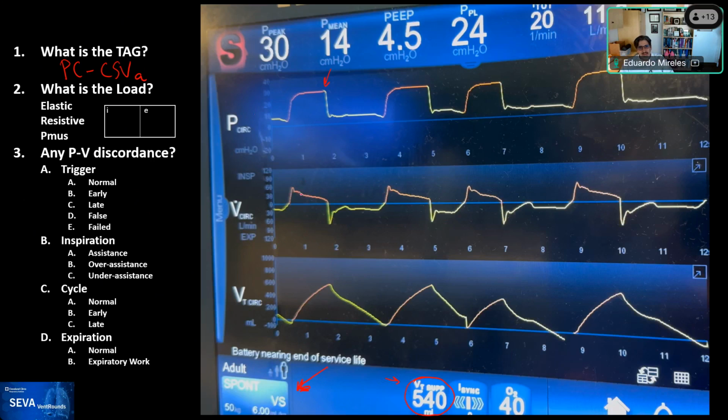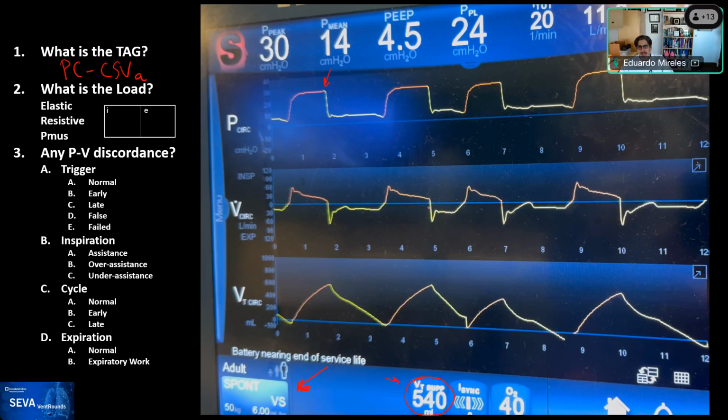But I presume that this was a flow trigger just based on the flow waveform and how it's crossing the baseline. It takes a while, and then it crosses and activates the breath. So it would not change if you make it more sensitive, because it's taking a lot of effort from the patient to cross the zero baseline.